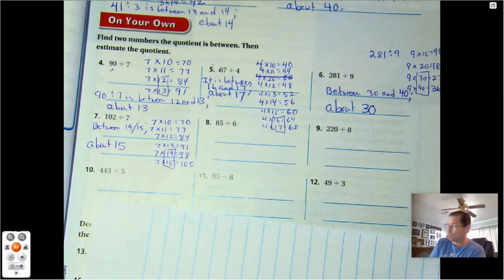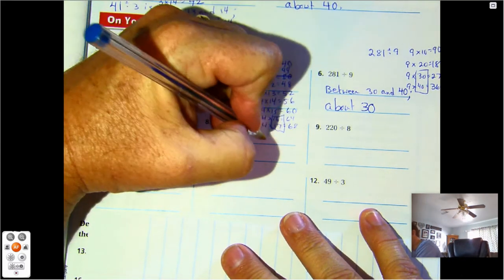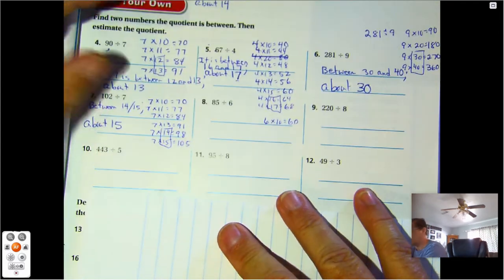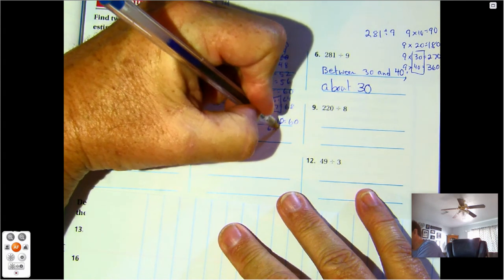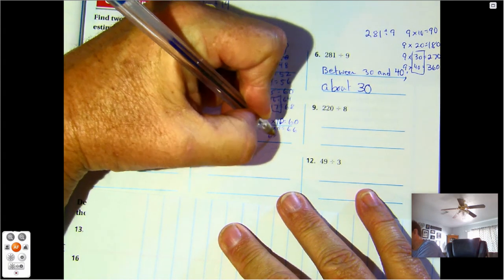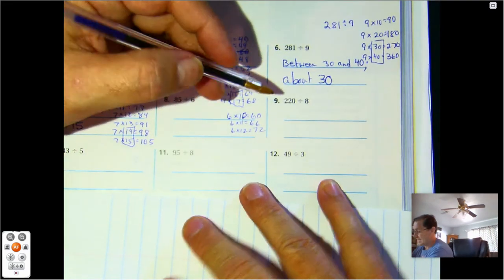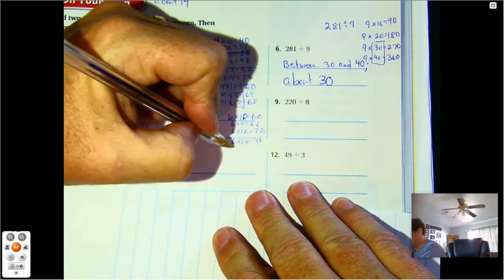85 divided by 6. So 6 times 10 is 60. Okay, I'm going to just skip counting my 6s. I'm not that far off. So 6 times 11, 66. 6 times 12, 72. And remember, all I'm doing is adding 6 each time. 6 times 13, 78. 6 times 14, 84.